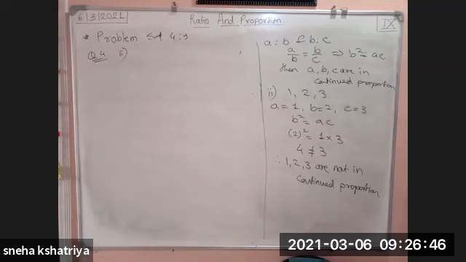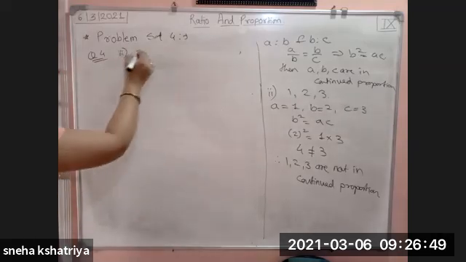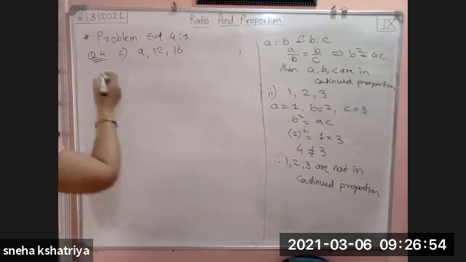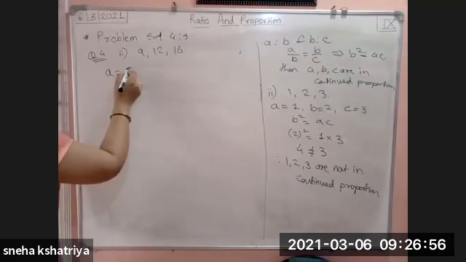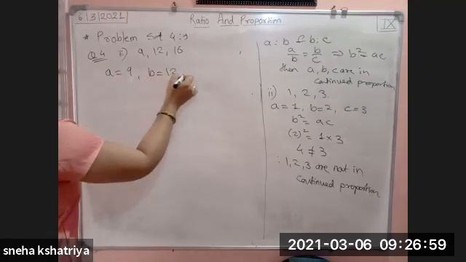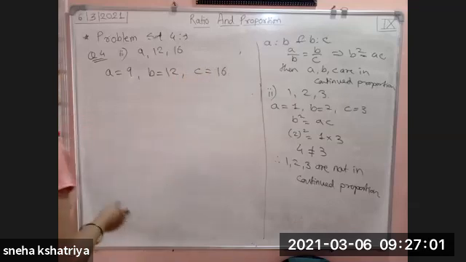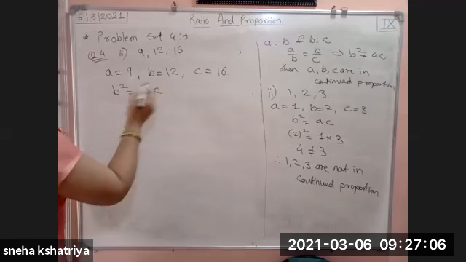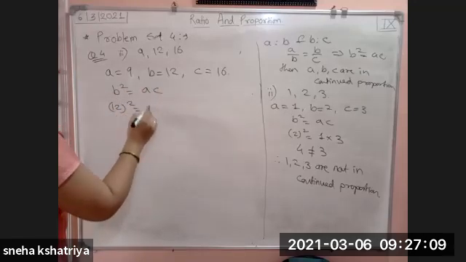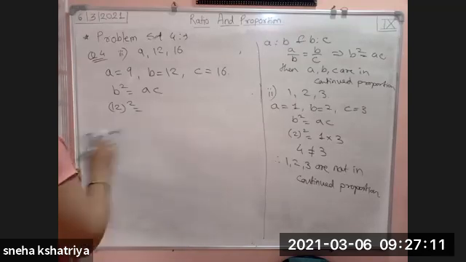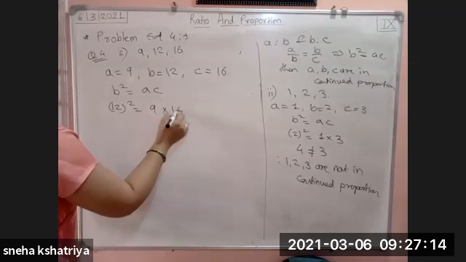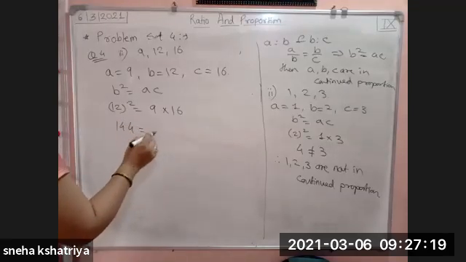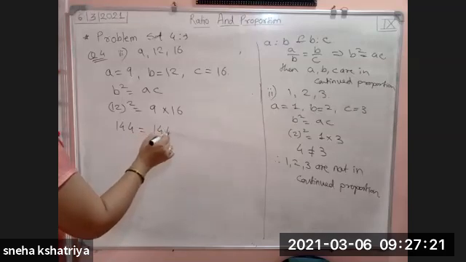Third one, 9, 12, 16. 9, 12, and 16. Okay, if this is easy for you, then you can solve like this also. A is equal to 9, B is equal to 12, and C is equal to 16. B square is equal to AC, so this becomes 12 square, which is equal to 9 into 16. 12 square is 144 and 16 nines is also 144.